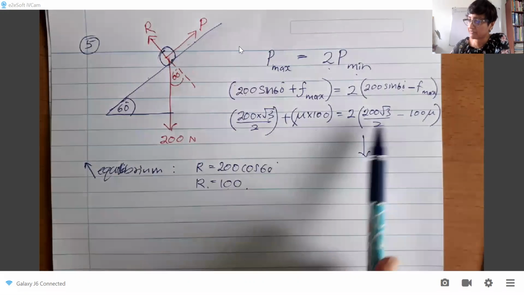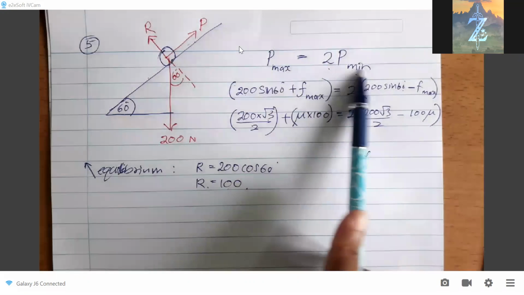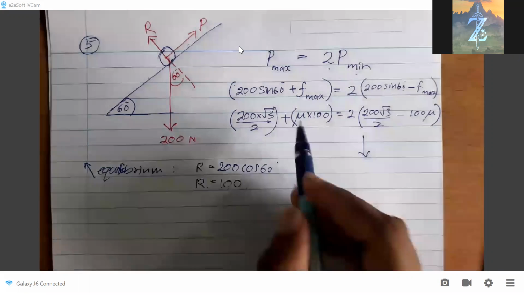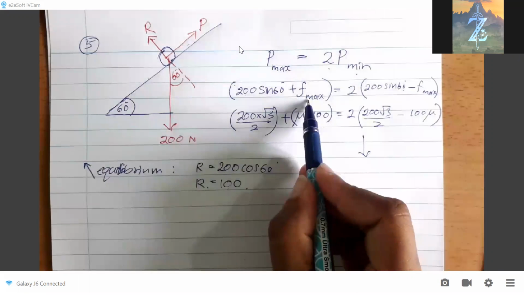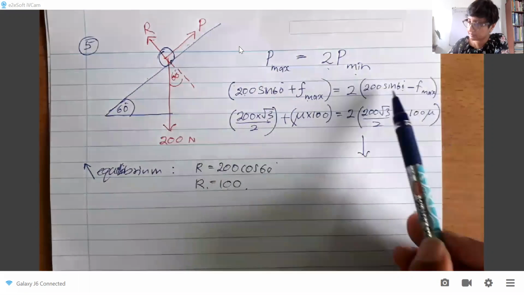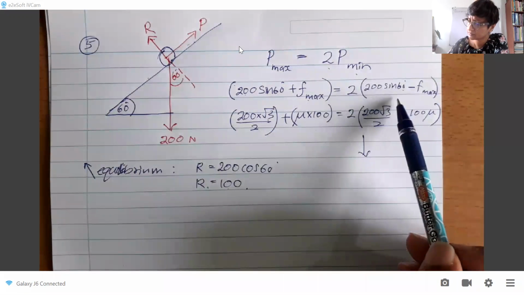Did you get this step? Have you written this? Okay, I took them as two different equations. Not like I didn't take P max equals to P min. I just took it this way. P max equals 200 sine 60 plus F max. Then I took P min divided by 2 equals that thing.